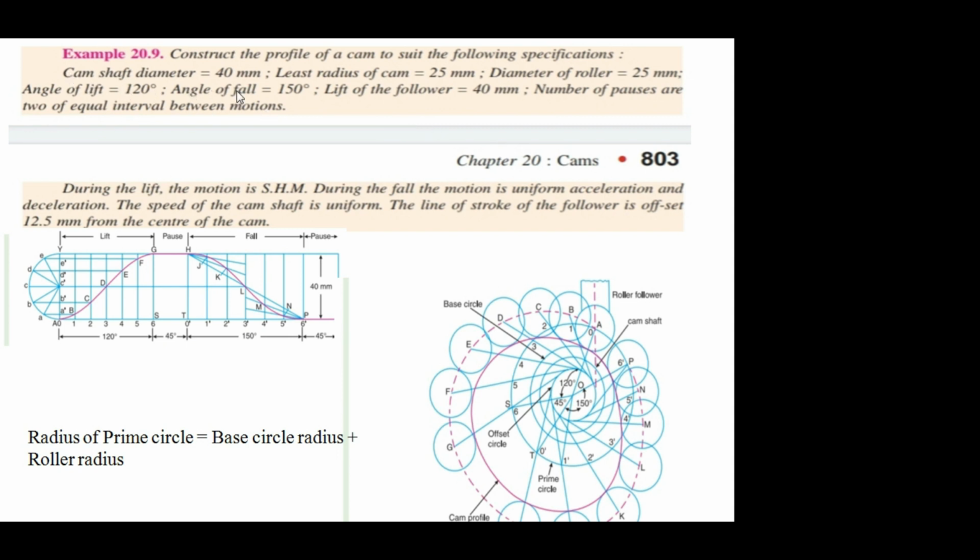Theta O is 120, theta R is 150, it is 270. 360 minus 270 is 90. 90 is divided into 2 parts, 2 equal intervals. One is of 45 degree.